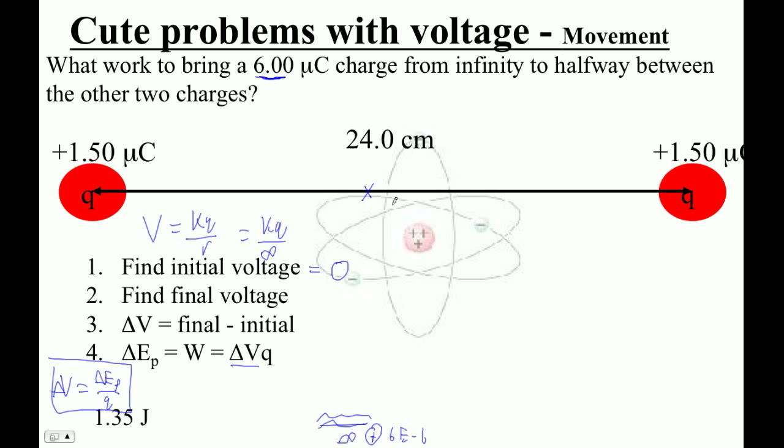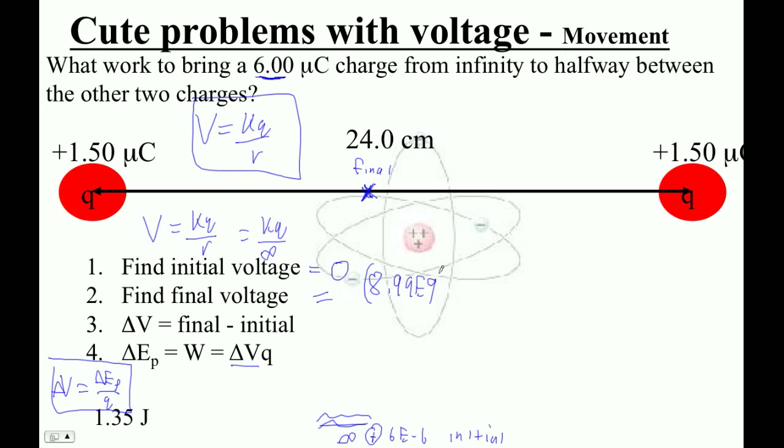Okay, so now let's find the final voltage. That's the fun one. That's the voltage right here. That's our final, right? This is our initial. Well, the final voltage is going to be the voltage due to both of these charges, right? So that's going to be 8.99 E9, and the formula I'm using here is V is KQ over R, right?